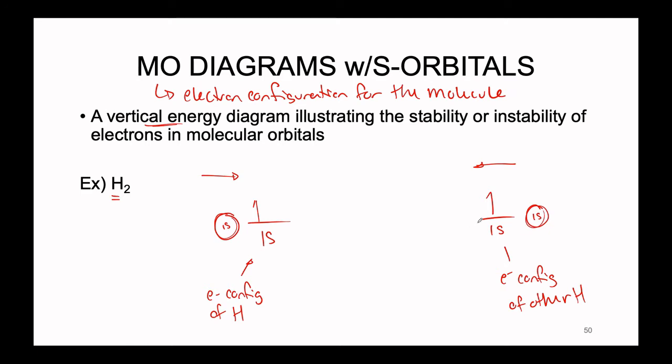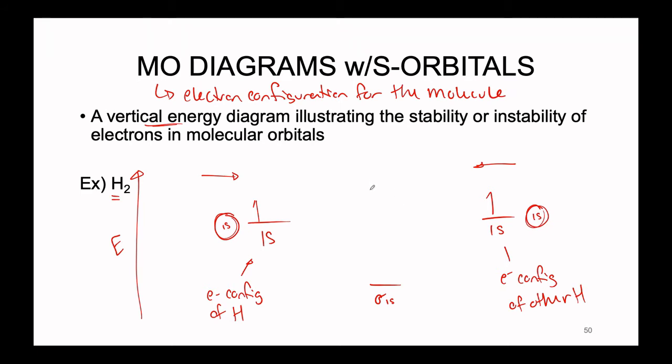Now the bonding orbital is stable, it is low in energy. So in terms of energetic space, where on this y-axis energy is low down below and high up on top, we're going to illustrate a new line, and this is where our sigma 1s is, meaning that we have a sigma bond, a sigma MO, between our two 1s's being combined.